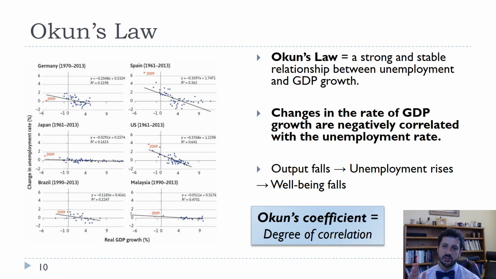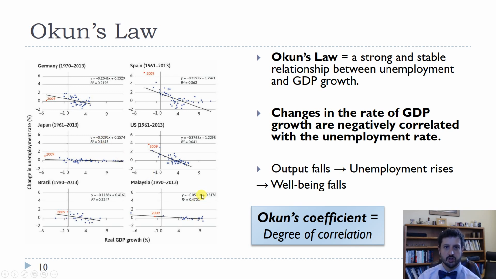And then finally, we can talk about Okun's coefficient, which is the degree of correlation, right? So how much the unemployment rate changes due to a 1 percentage point change in GDP growth. So for the US, you can see it is minus 0.38 approximately. For Japan, right, which is a much flatter line, it's just minus 0.03.